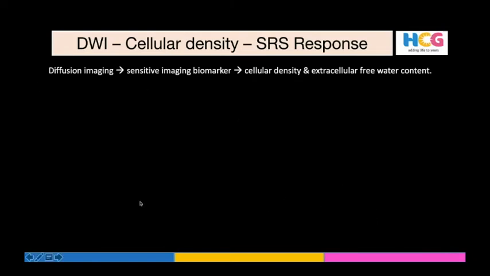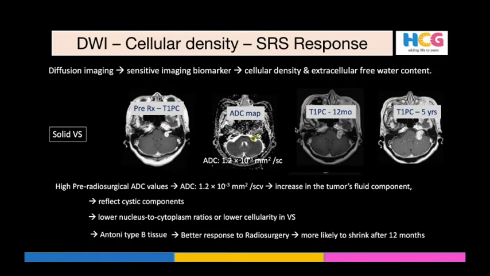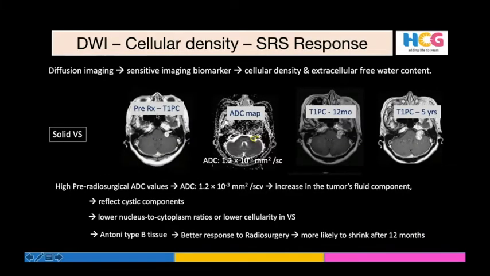It's very important how we assess the response in the context of radiosurgery. Diffusion weighted imaging is very important. This is a sensitive imaging marker. It gives us an idea about the cellular density and the extracellular free water content. Typically, these are patients with ADC values around 1.2 × 10^-3 mm²/s.